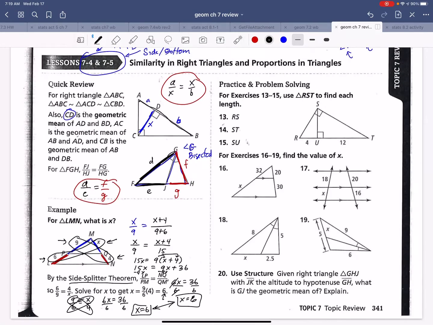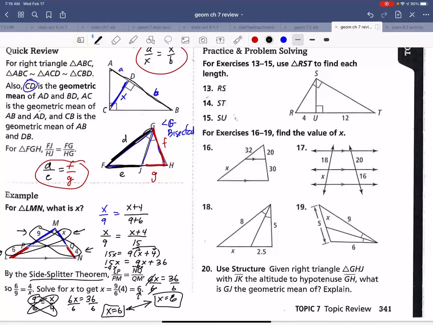Okay, so let's see, which ones would that be? Right here, right? We could cross multiply and solve these. So 32 over X is equal to 20 over 30.